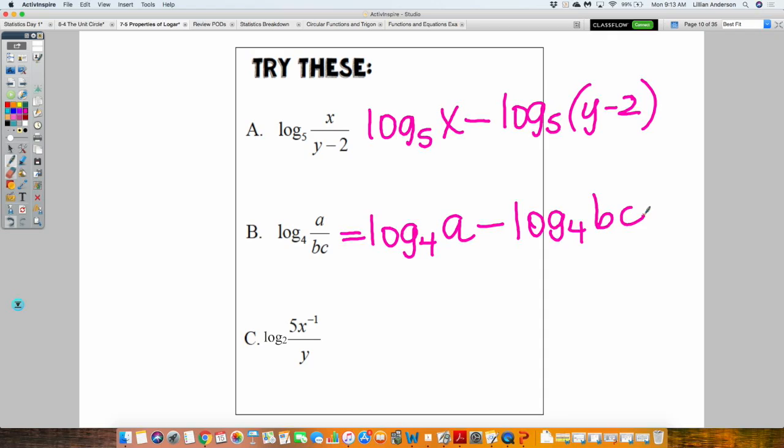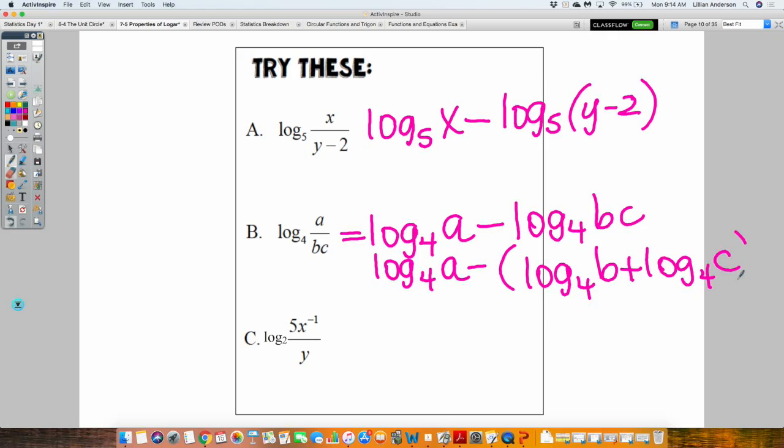But this time you need to add, and you need to be careful because you're technically subtracting this second log. So you'll have log base 4 of A minus, which means that if you wanted to keep going, you would have to do what with that negative on the outside?